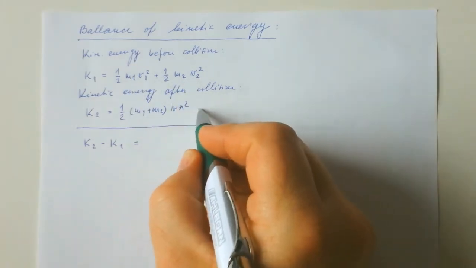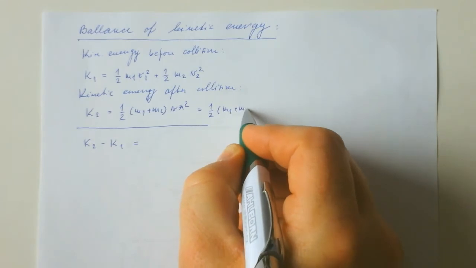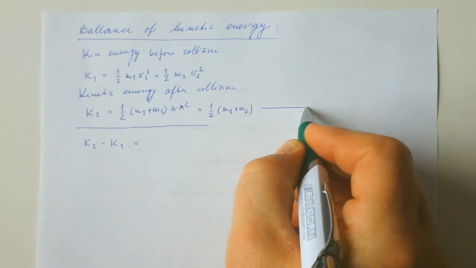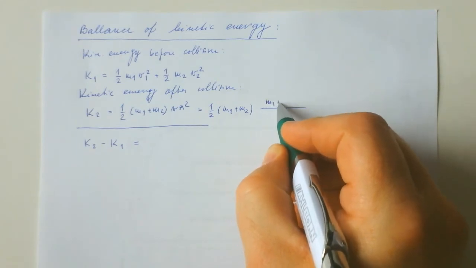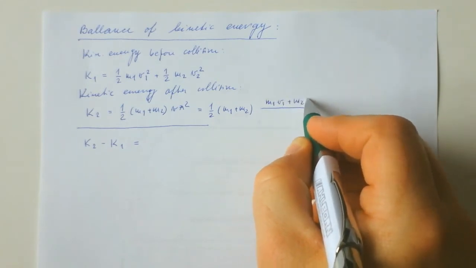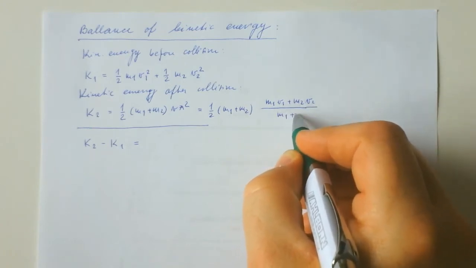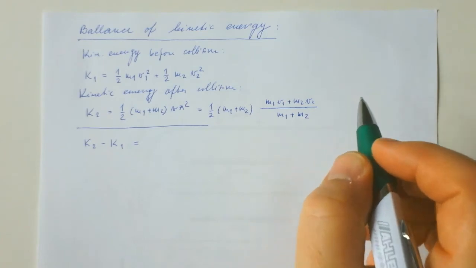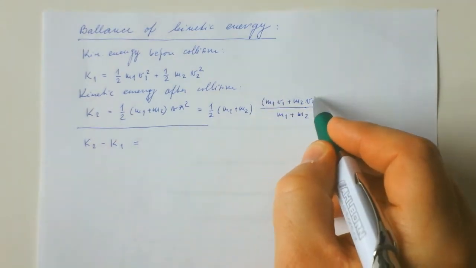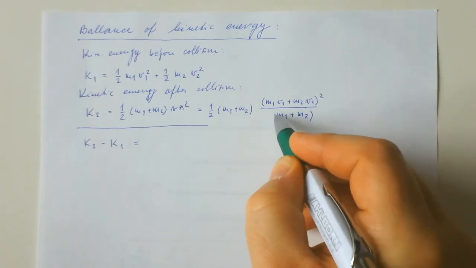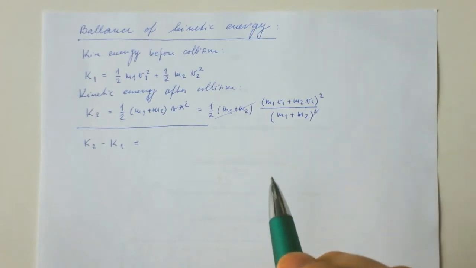We expand: m1 plus m2 times the previous result, m1 v1 plus m2 v2 over m1 plus m2, to the power of 2. Immediately we can cancel this.